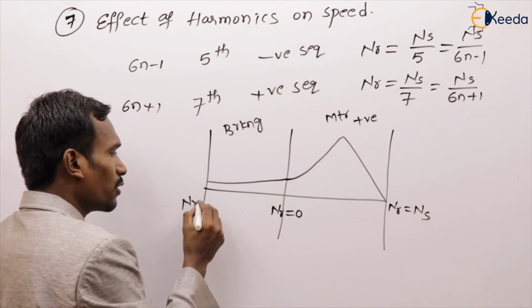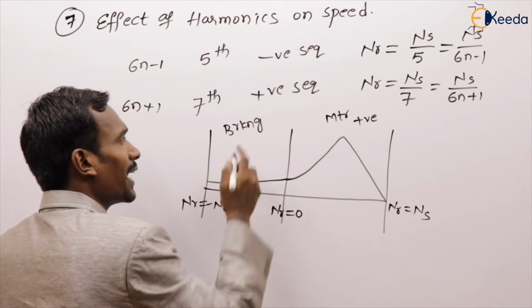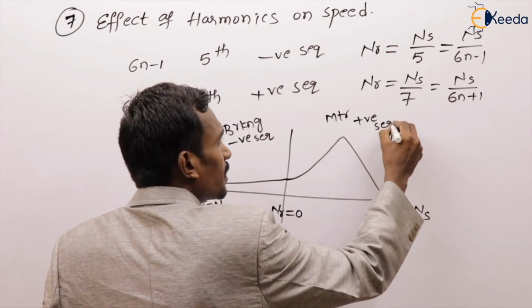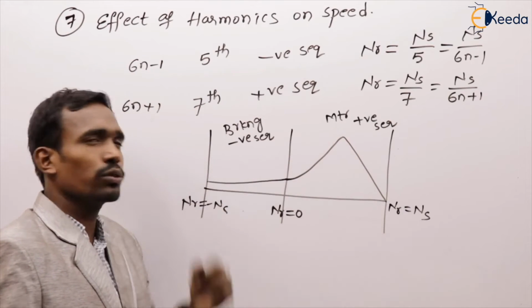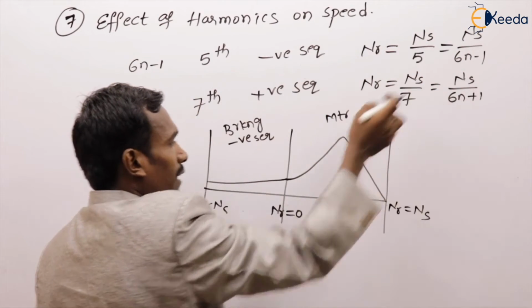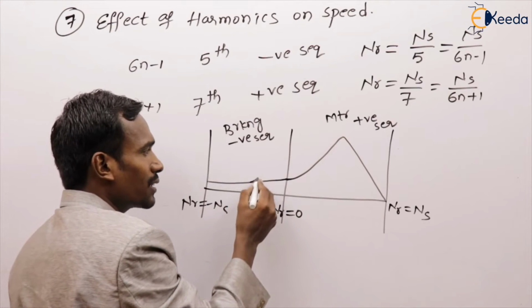This is Nr equals minus Ns, negative sequence. Nr equals Ns by 5, minus Ns by 5, the speed is here.